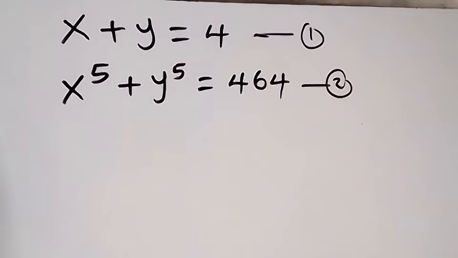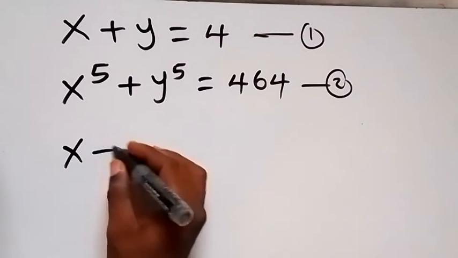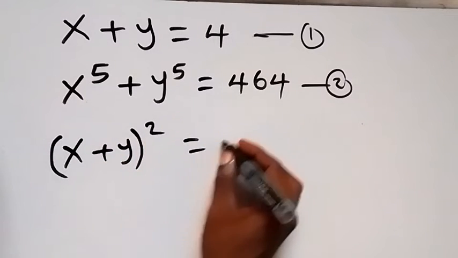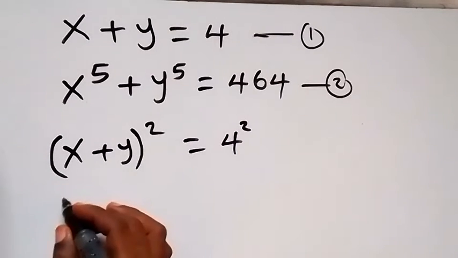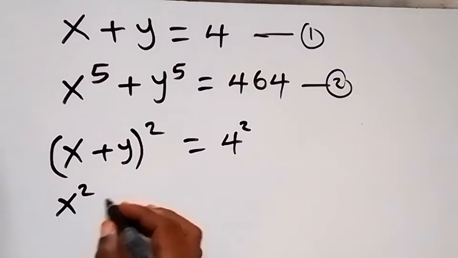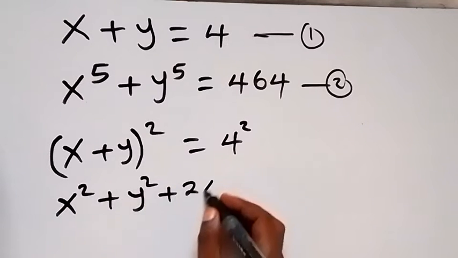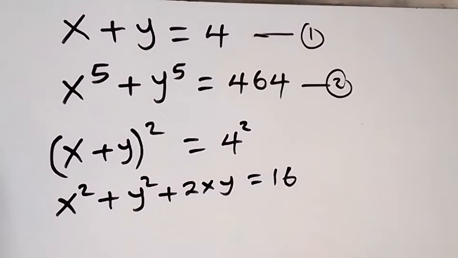From equation 1, let's take the square on both sides. So we have (x plus y) squared equals 4 squared. When we expand this side, it gives us x squared plus y squared plus 2xy equals 16, since 4 squared is 16.